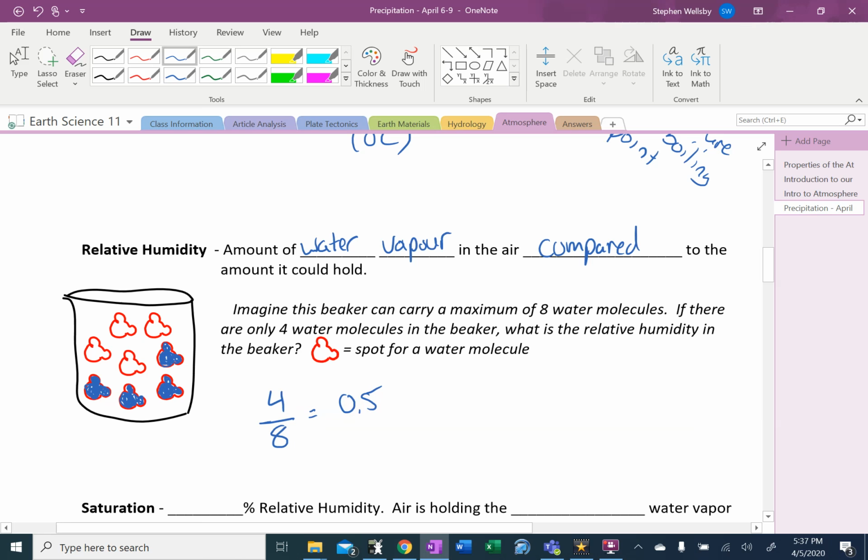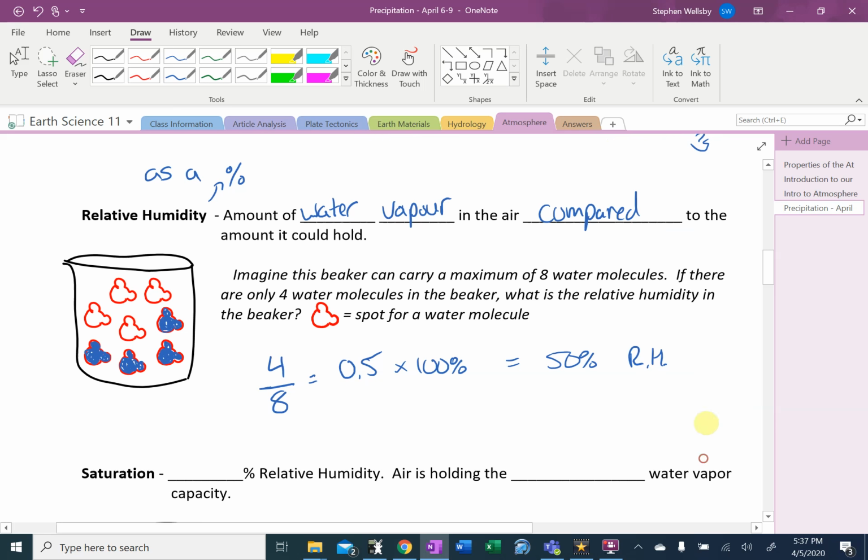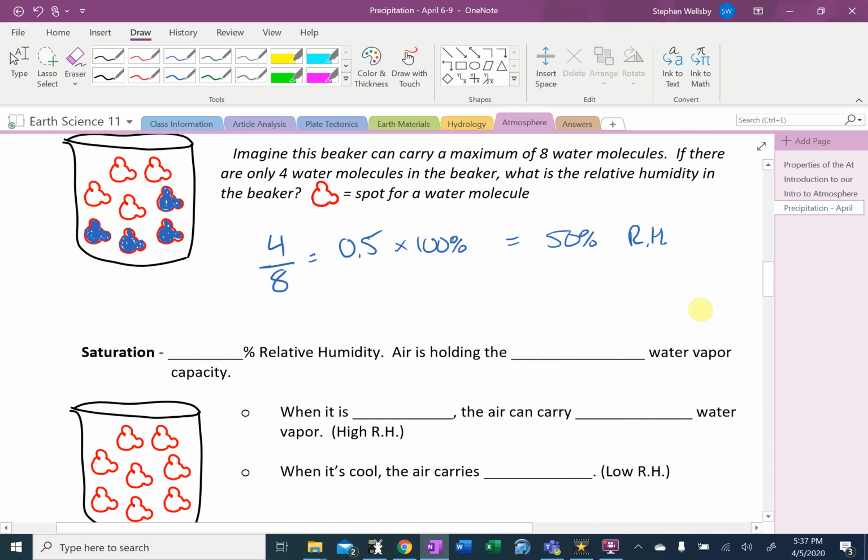If we want to turn this into a percentage, because relative humidity is always listed as a percent, you just take 0.5 and multiply by 100%, and this gives you 50%. So the relative humidity for this particular beaker would be 50%. That's the amount that it's holding compared to the total amount that it could hold.